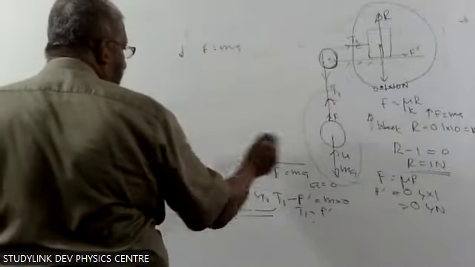Why? Terminal velocity, acceleration is 0. So T1 we found, F is 6 pi eta r v. From there you can find 6 pi eta r v. V is to be found. U can be calculated according to the radius, and mg is known. So therefore we can find v.